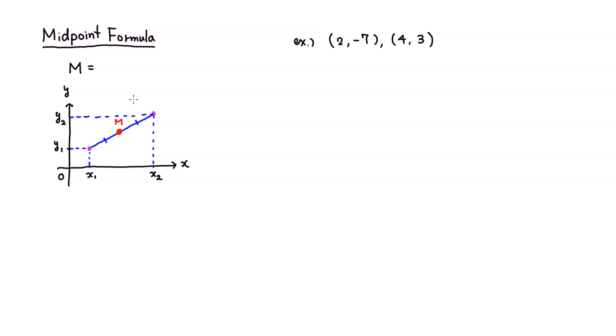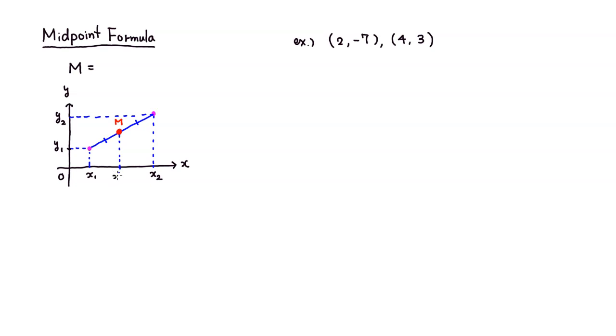All right, so we want to find, let's say, the x coordinate of this midpoint M. So we're looking at this number right here. As you can see, this x coordinate of the midpoint is simply the middle number between x1 and x2. And to find the middle number, all you have to do is take the average.